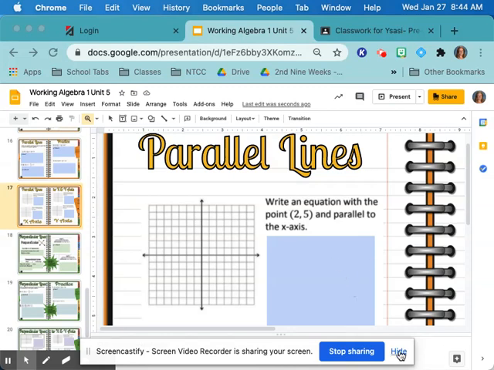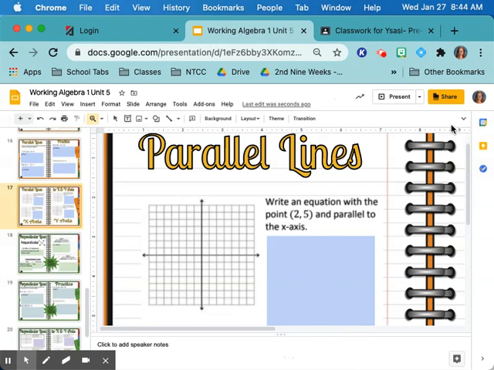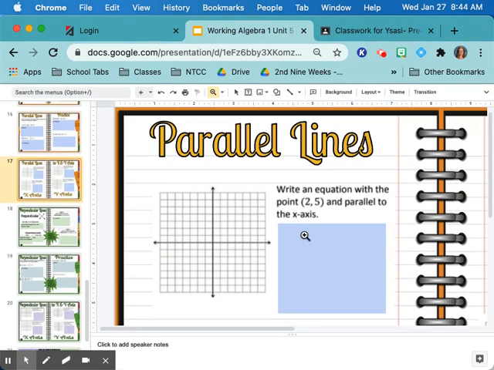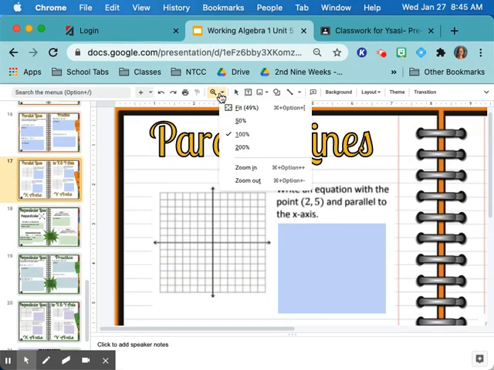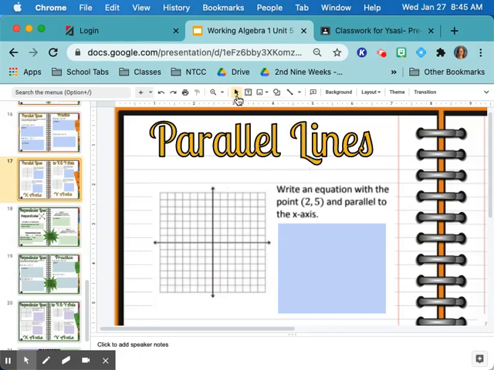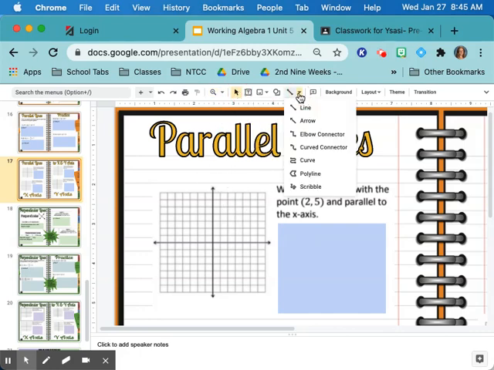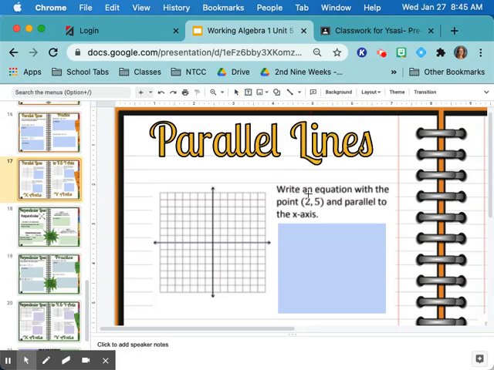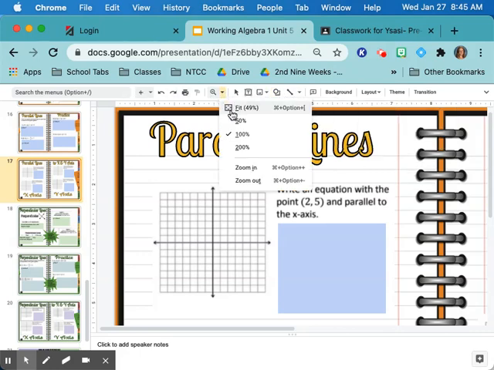So write an equation with the point (2, 5) and parallel to the x-axis. So we need to do a point on here. How could we make a point? Are there any points to the side of the slide?